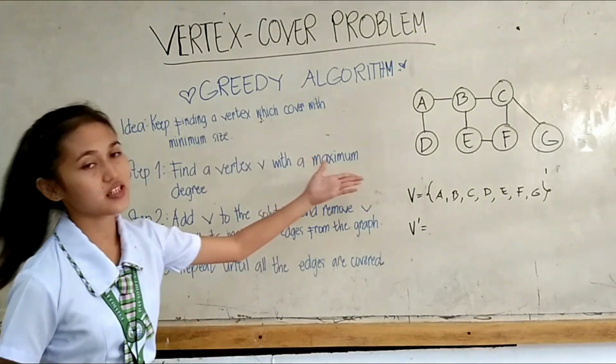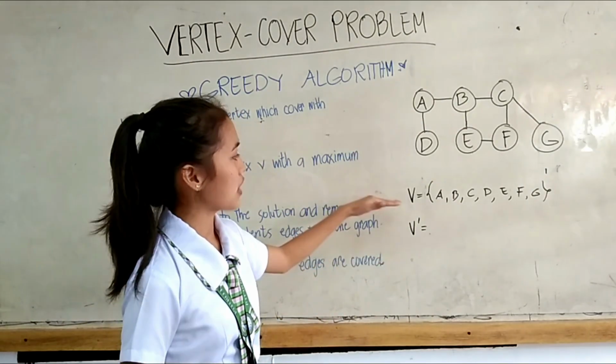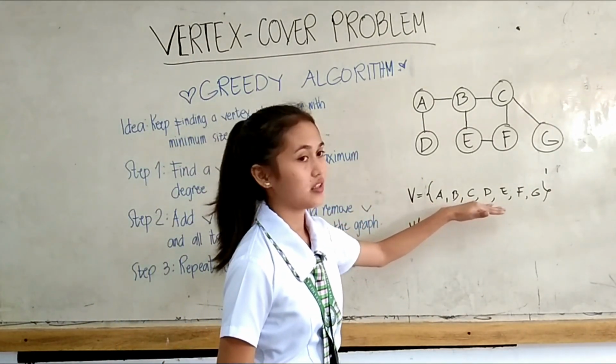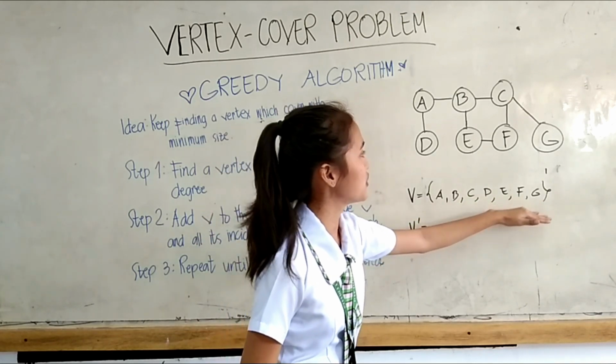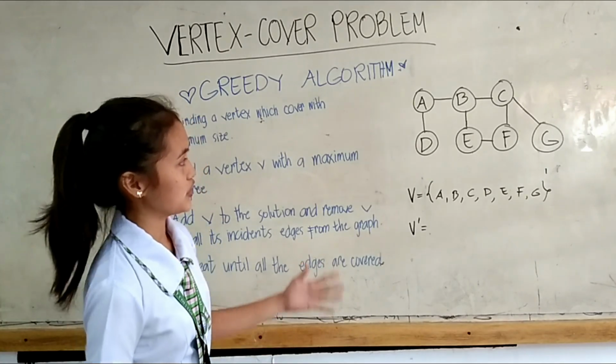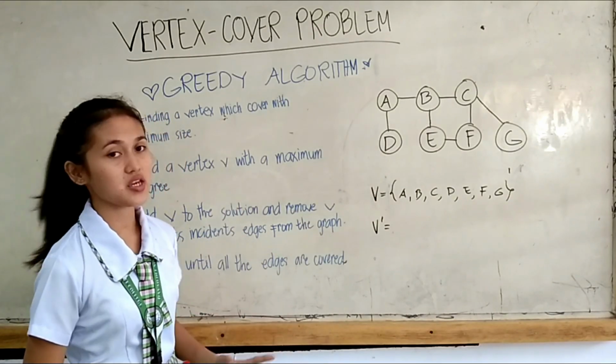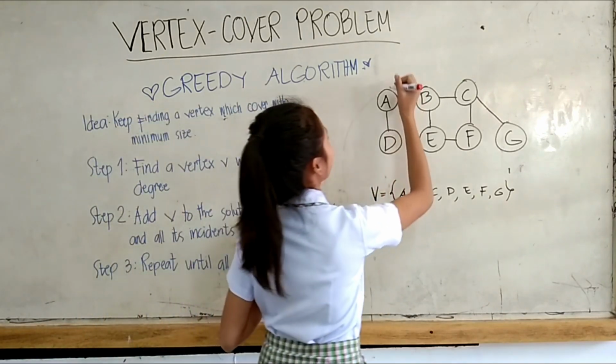As you can see, we have 7 vertices: A, B, C, D, E, F, G, and also 7 edges. So we need to figure out the degree of each vertex.